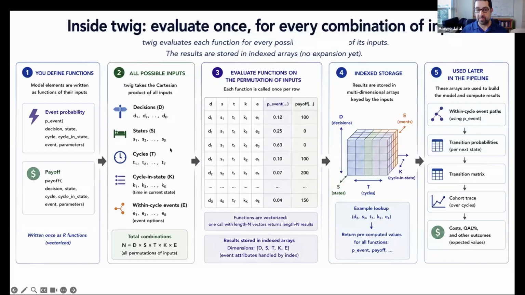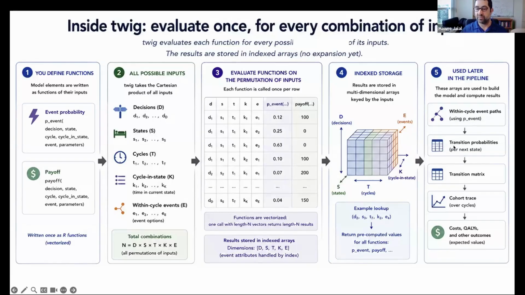So everything is calculated only once, and then projected to the maximum combinatorials of the functions. For example, if a model is cycle dependent, then all the other functions, the multi-dimensional arrays, are forecasted to the additional dimensions that are being used, so that then the calculations are done. Within-cycle event paths are calculated, so different paths from one state to another are calculated and combined.